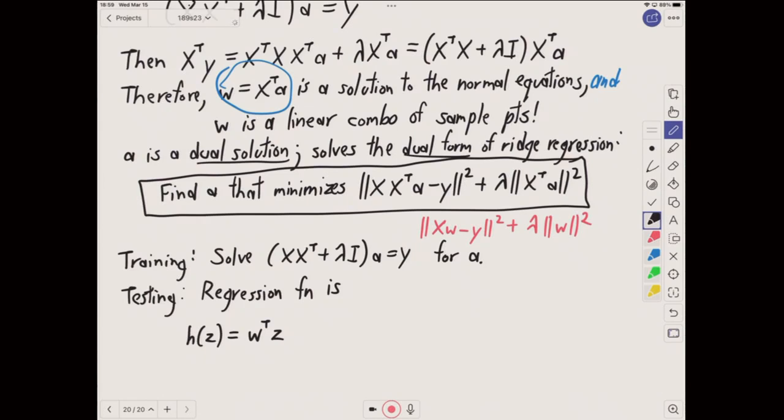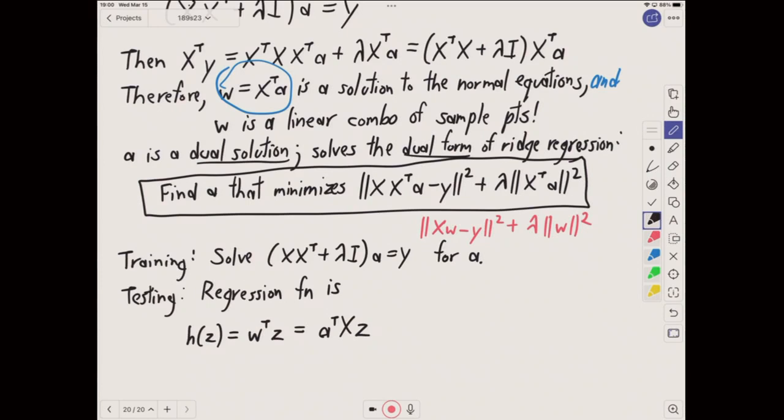Now, we didn't solve for w, we solved for a, but that's okay because we can get w just by substituting X transpose a. If we do that here, that comes out as a transpose times X times z.